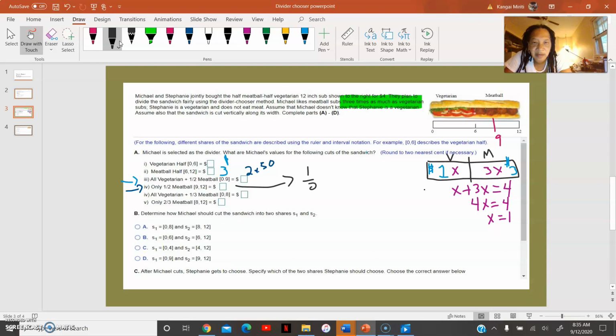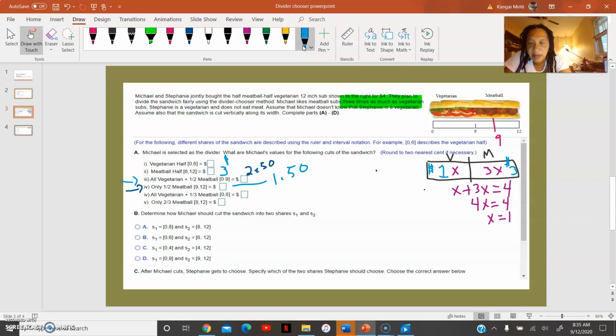So 1/2 times 3, because that's what meatball is, $1.50. So half of the meatball would have a value of $1.50. I'm going to erase that work and just write the final answer. $1.50.